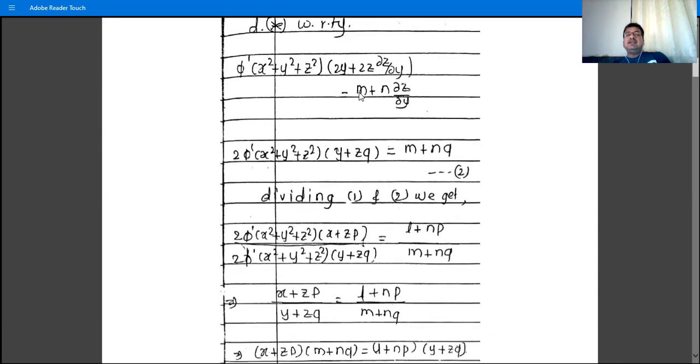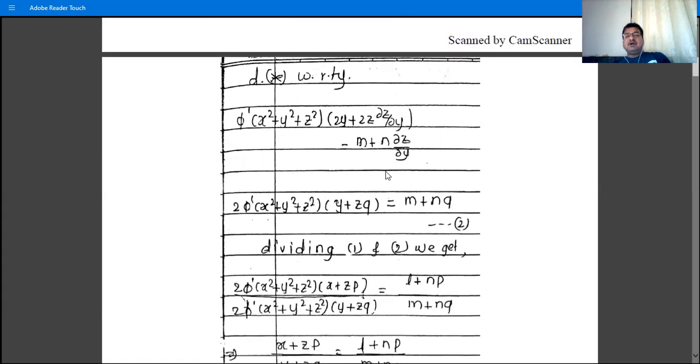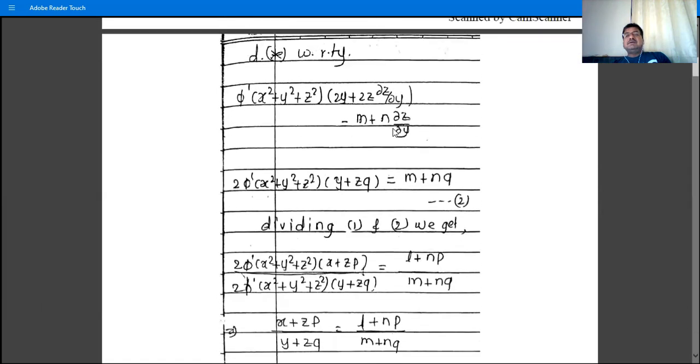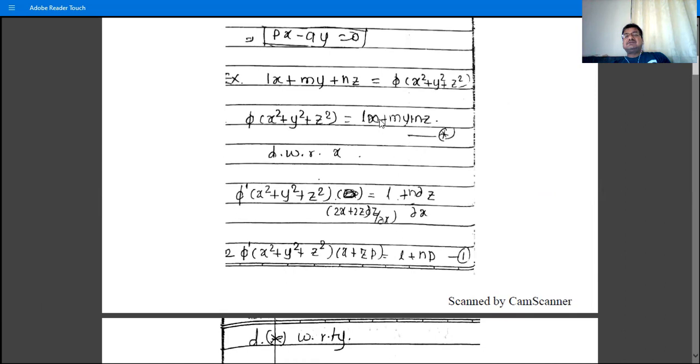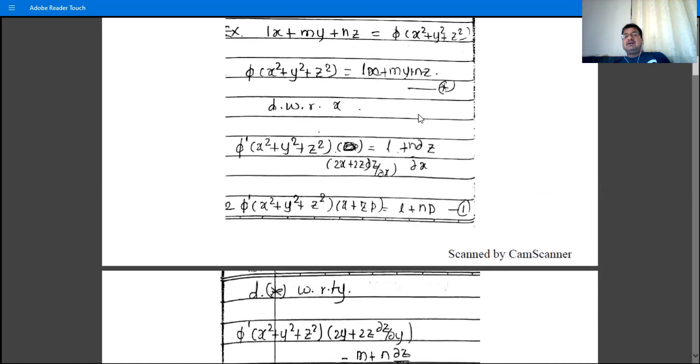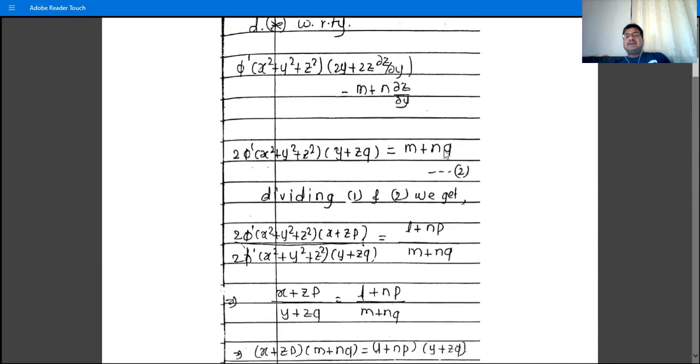On the right, the derivative of lx is 0, my is m, and nz is n ∂z/∂y, which is q. Substitute ∂z/∂y as q.